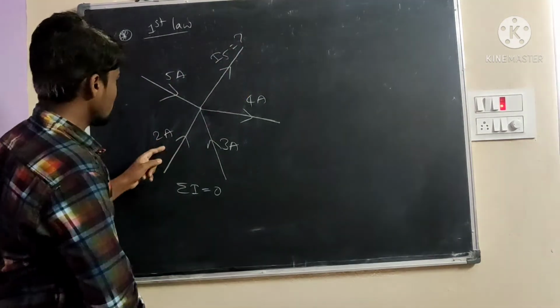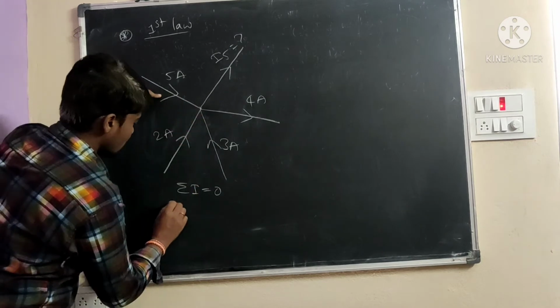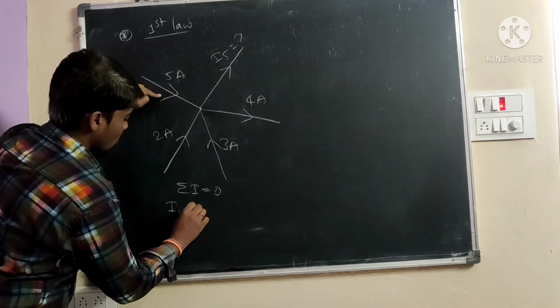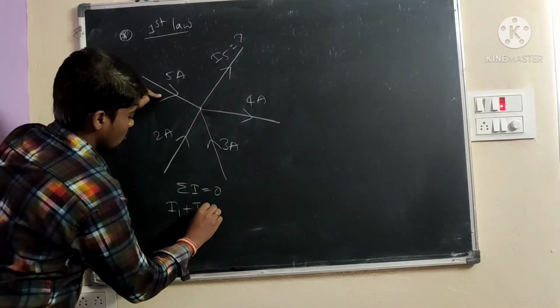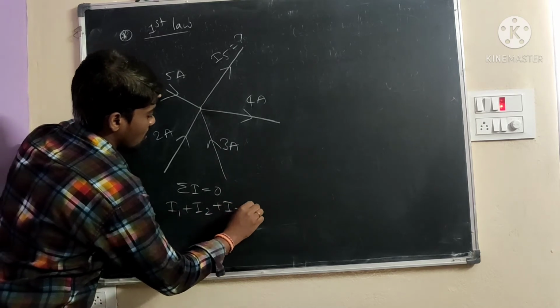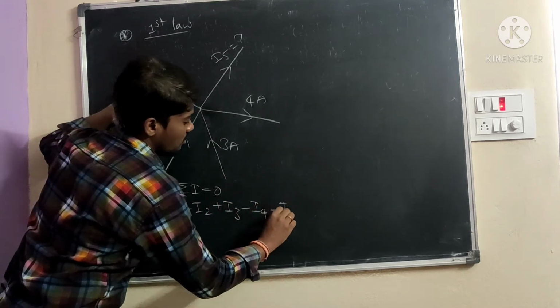Here I1 is incident. I1 plus I2 plus I3 minus I4 minus I5 is equal to 0.